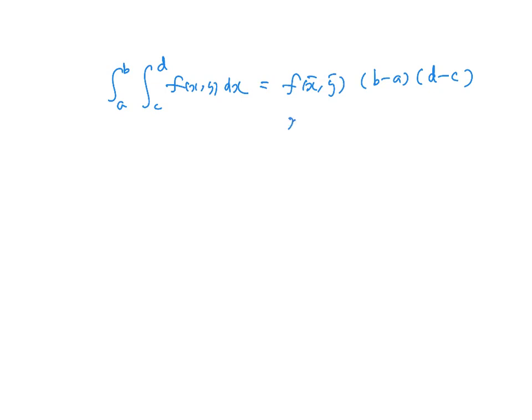So a to b, c to d, f(x,y) dx dy can also be approximated by f(x bar, y bar) times b minus a times d minus c, right? So x bar is between a and b, y bar between c and d.